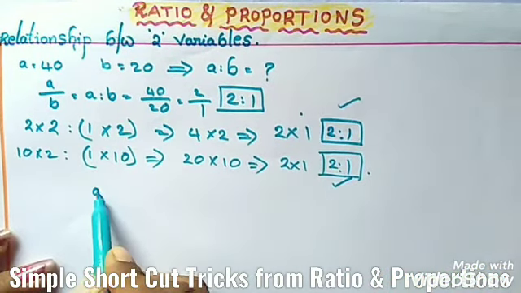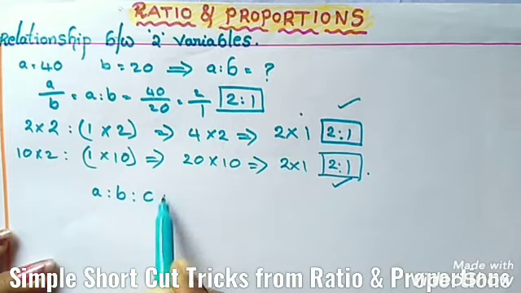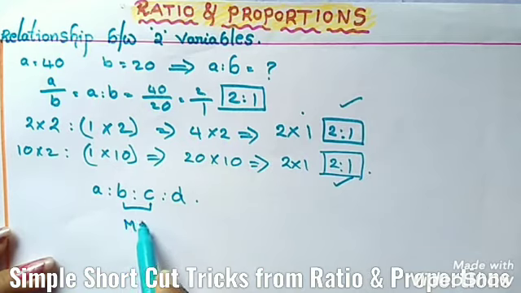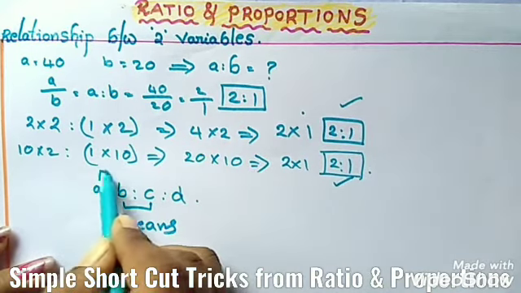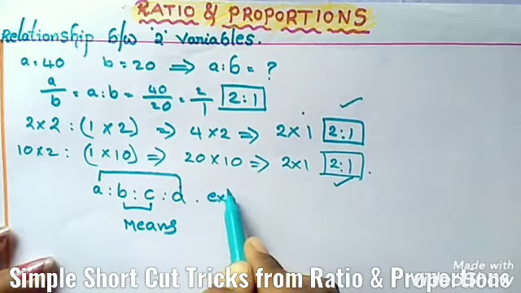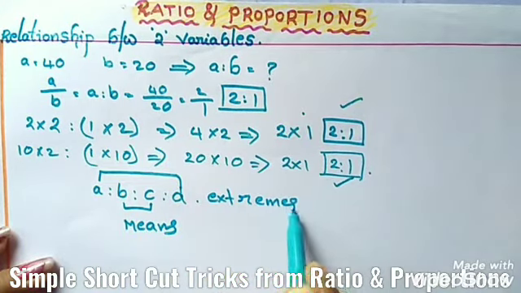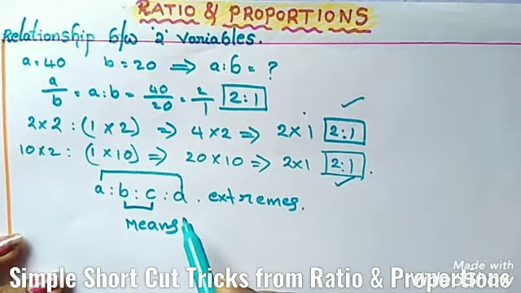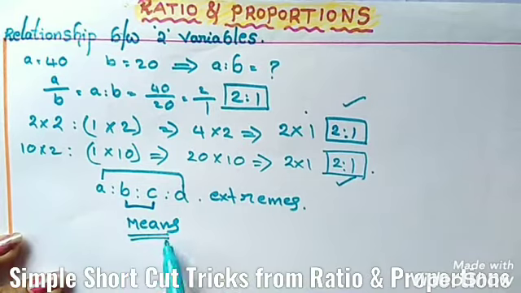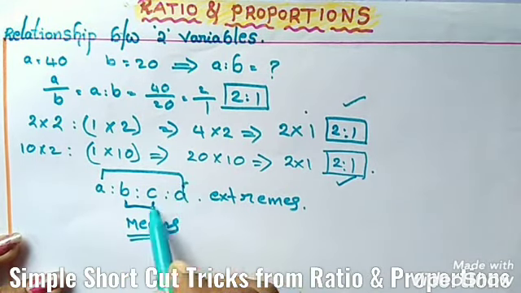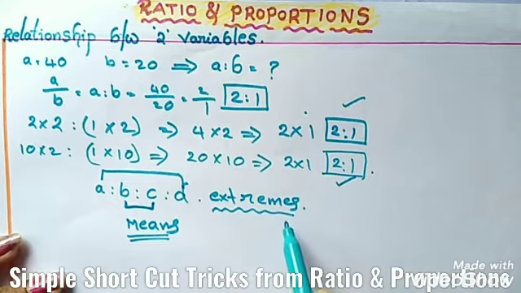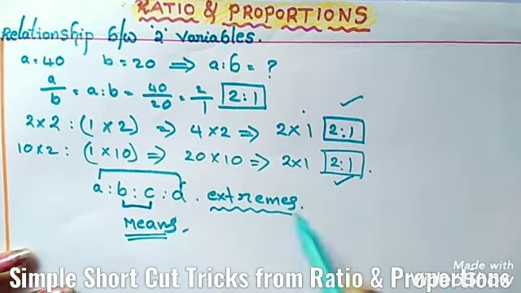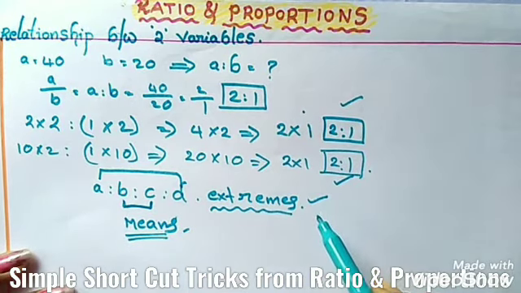Suppose here a is to b is equal to c is to d. These two, b and c, are known as means, and these two, a and d, are known as extremes. You should remember this. The middle values are called means, and the first and last values are called extremes.